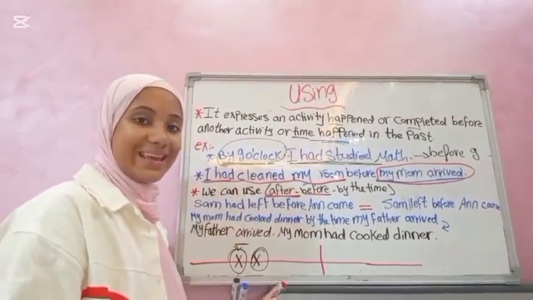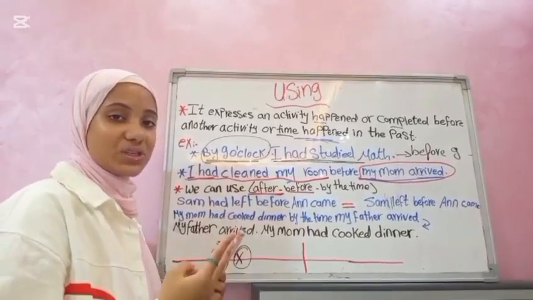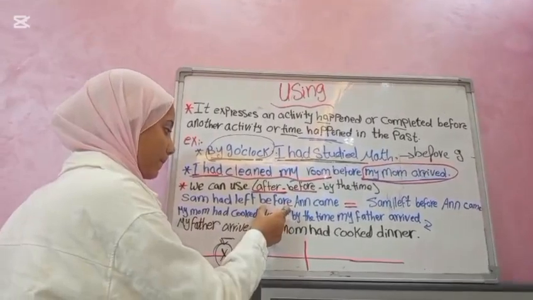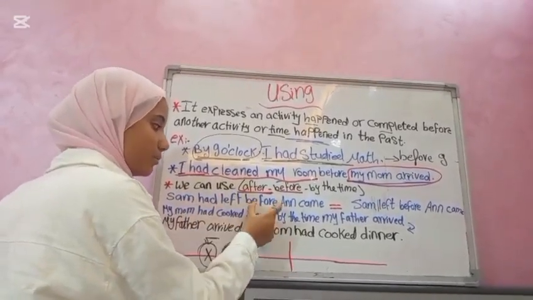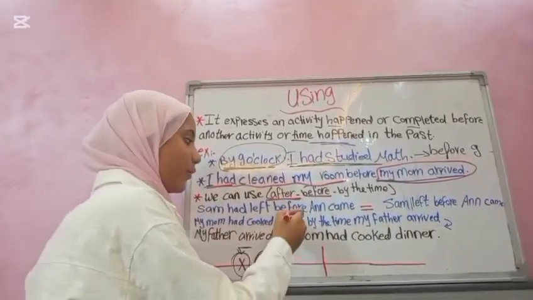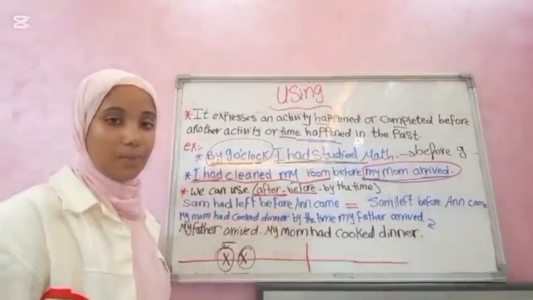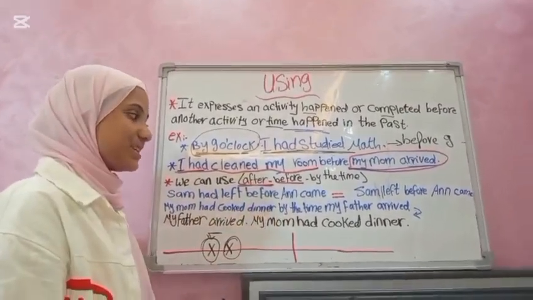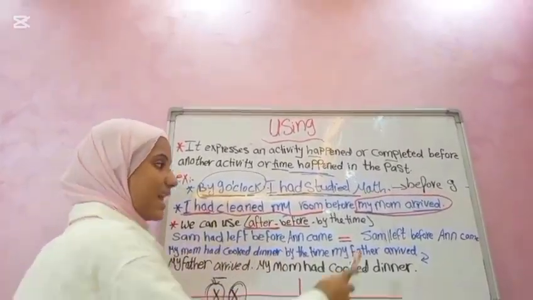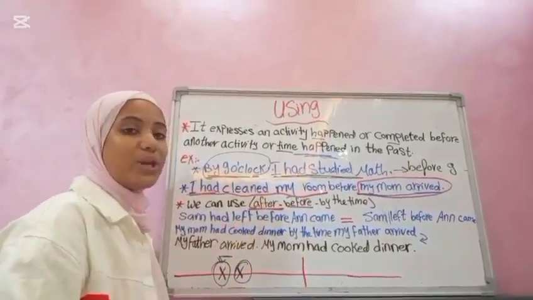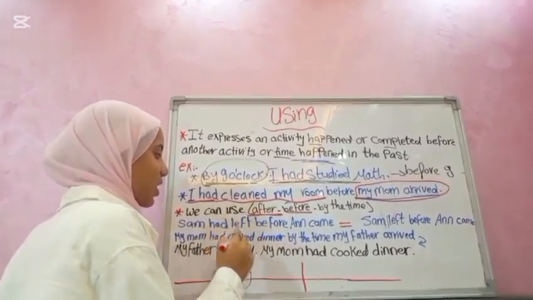Correctly, we can use the past simple in the sentence after before. This means that Sam had left before Anne came equals Sam left before Anne came. We can say this or this, but we usually say this. This is more correct.